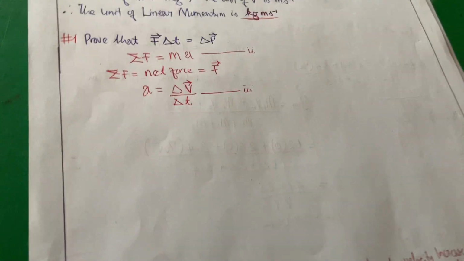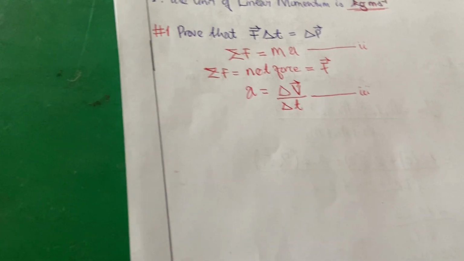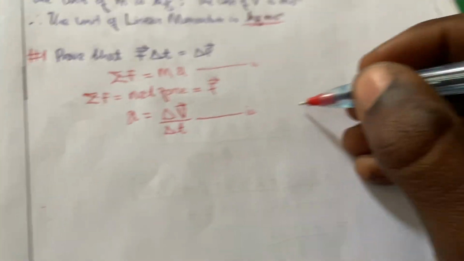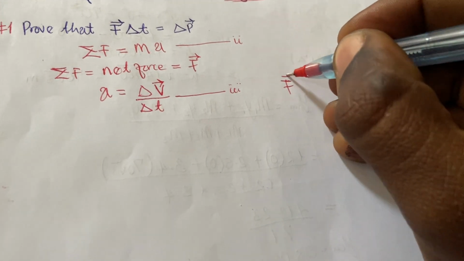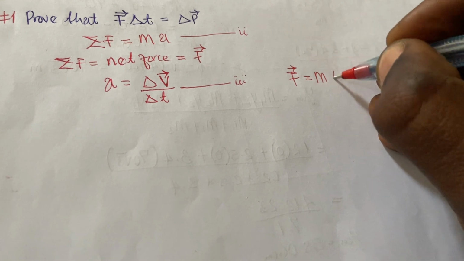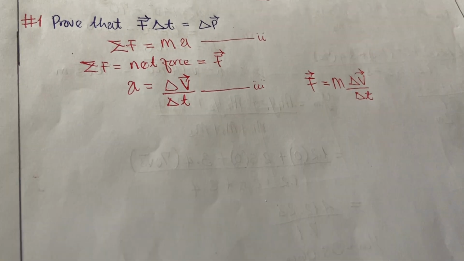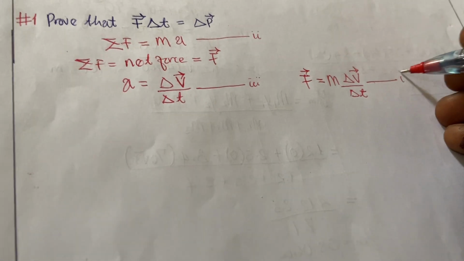Now substituting equation 3 in equation 2, it becomes F equals mass times change in velocity over change in time. I'll title this equation 4.